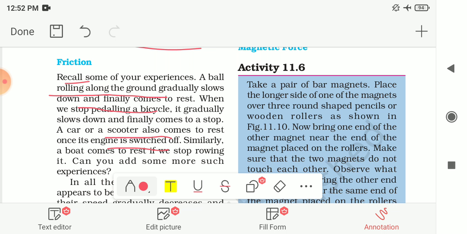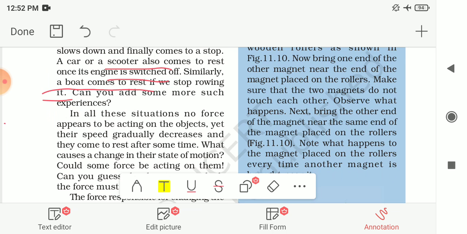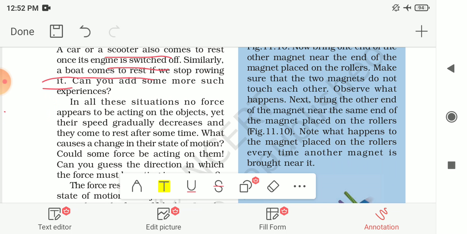Similarly, a boat comes to rest if we stop rowing it. Can you add some more such experiences?